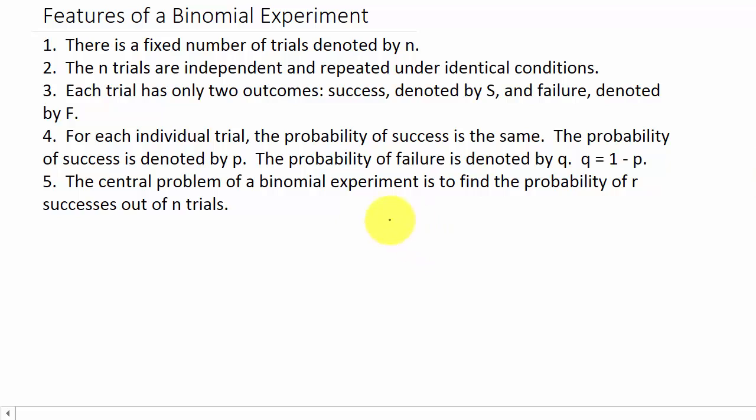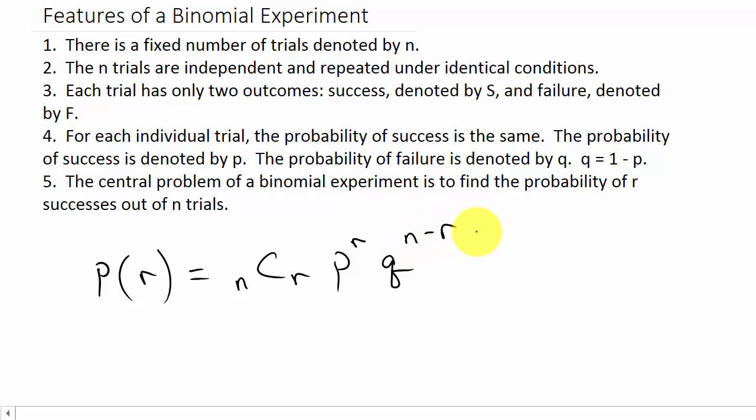Okay, so there is a formula that you can use. If we have n trials, but we want to know the probability of R successes, the formula is combination n choose R times P, the probability of success, raised to the R, times Q, the probability of a failure, raised to the n minus R. So that's a formula you can use.